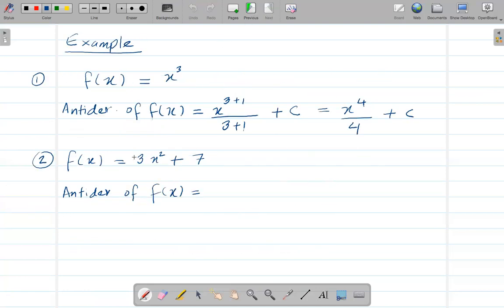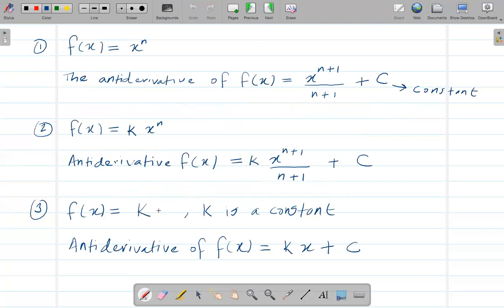So here 3 will stay there, and we're just taking the antiderivative of x squared, which will be x to the power 2 plus 1 divided by 2 plus 1, which is basically, we can directly write 3, 2 plus 1, 3. Plus, now the antiderivative of the number 7 is that number times, since this function is in terms of x, 7 times x. So this is the third rule.